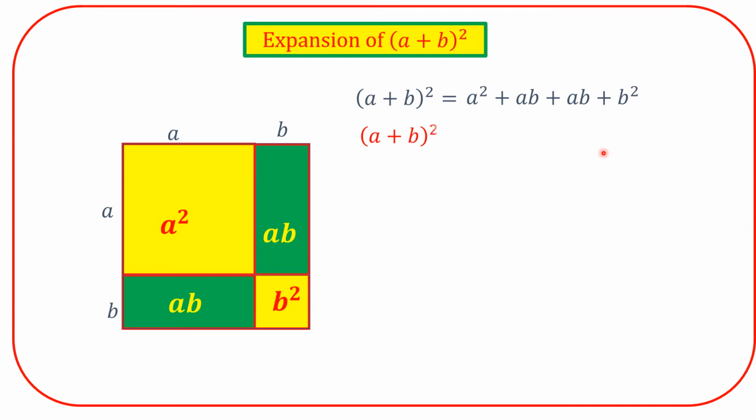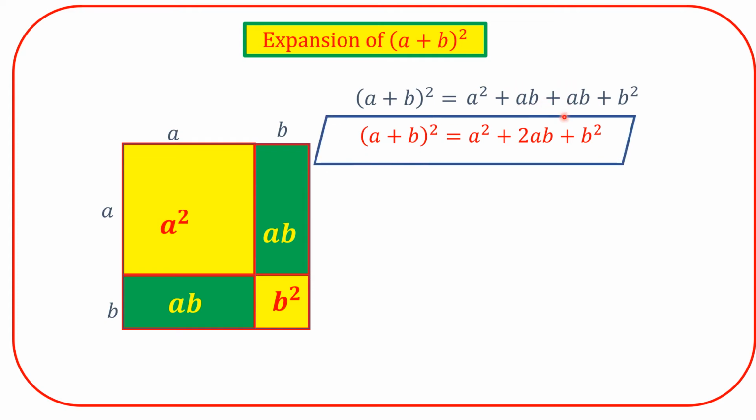So we get the formula (a + b) whole square = a square + 2ab + b square. Here ab and ab are like terms. Coefficients are 1 and 1, 1 + 1 = 2. Remember this expansion: (a + b) whole square = a square + 2ab + b square.